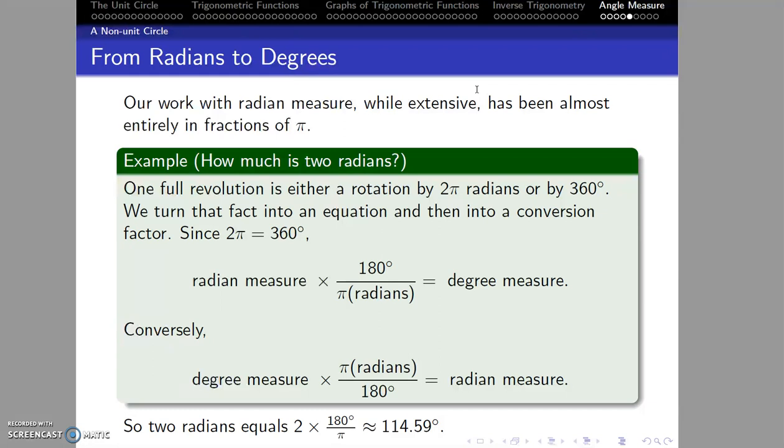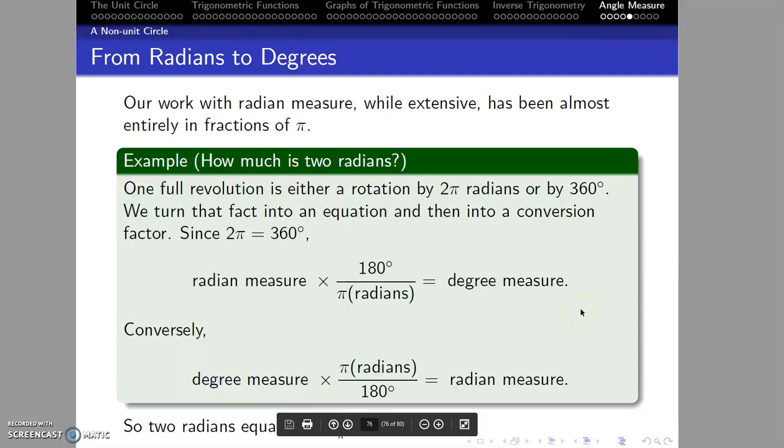We can turn that into a conversion factor just by dividing both sides by each respective side. If we had some radian measure, we multiply by the ratio 360 over 2 pi, or 180 over pi, and that's our degree measure. Conversely, we would take our degree measure and multiply by 2 pi over 360, which is pi over 180, to get the radian measure.